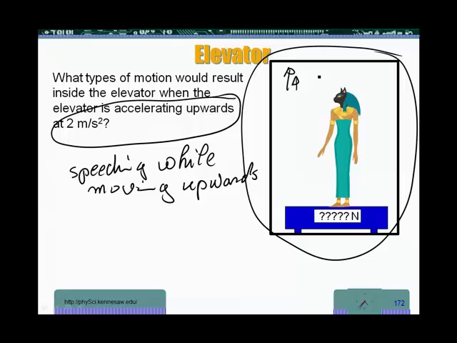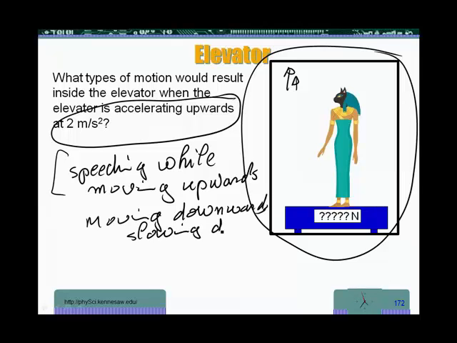Okay. Now, the other possibility for an acceleration upward is moving downwards while slowing down. Remember, whenever an object is slowing down, the acceleration is opposite in direction to the velocity.